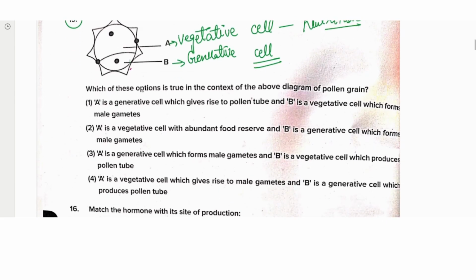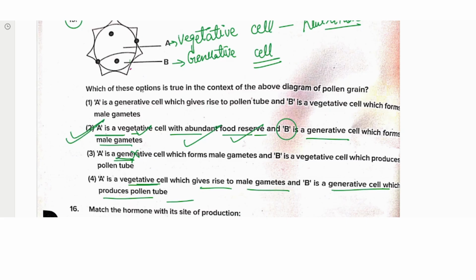So the statement that A is the vegetative cell with the abundant food reserve is absolutely correct, and B is the generative cell which forms the male gamete. That is the perfect answer.